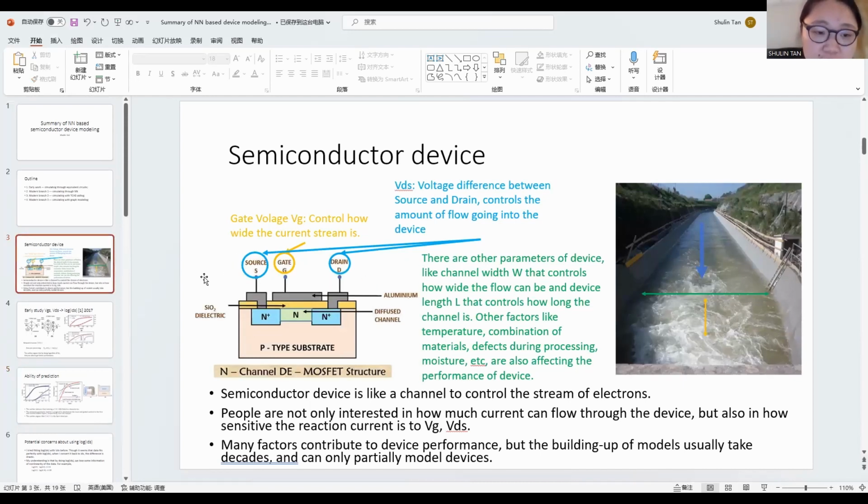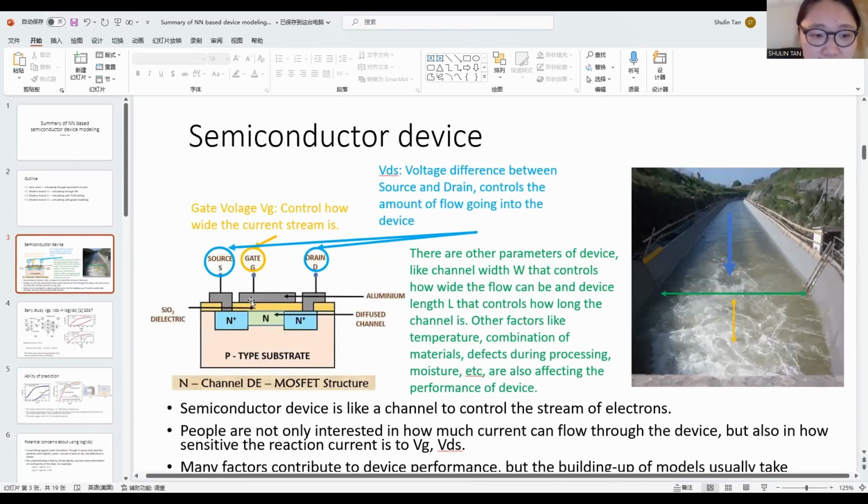The first issue is that models are usually built for devices with a new structure or, most likely, a new material. When you are building a model, many times we still don't understand the physics very well. It is very costly to build experiments, and what's more difficult is that there are so many things in your devices, and even a drop of dust on your device is going to kill everything.